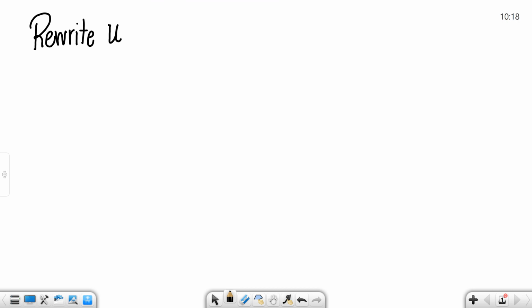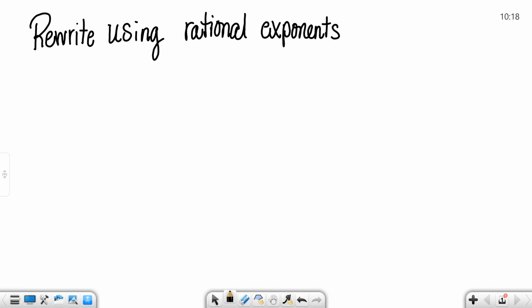All right, so we're going to go backwards again, and we're going to rewrite using rational exponents. So this time I give you the radical, and you change the way that it looks. Okay, so I've given you the radical. Now we're going to write it with rational exponents. So this would be 6 to the 4/3. All right, let's do another one.